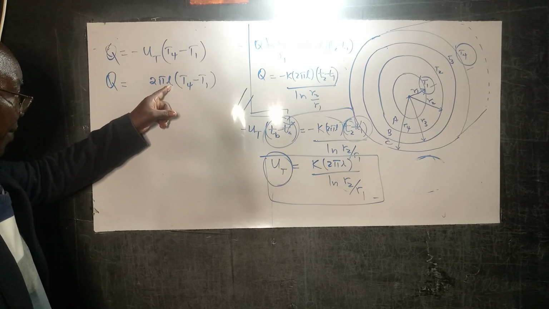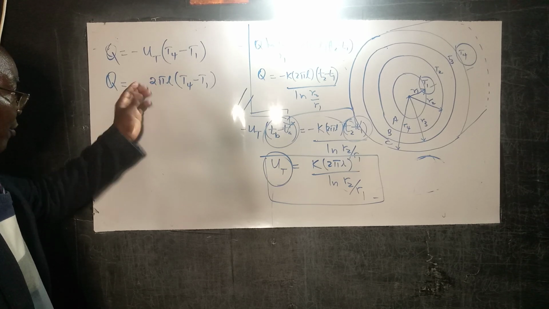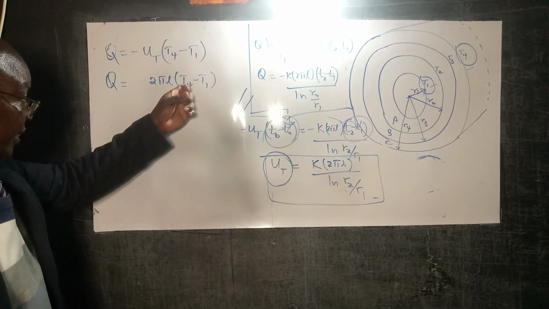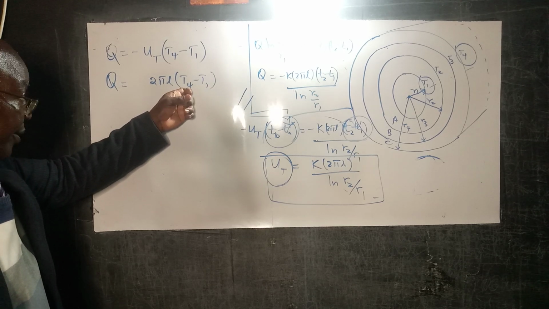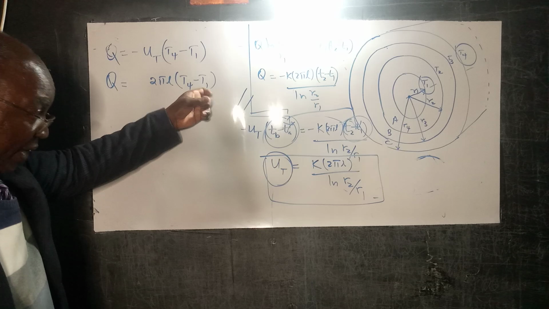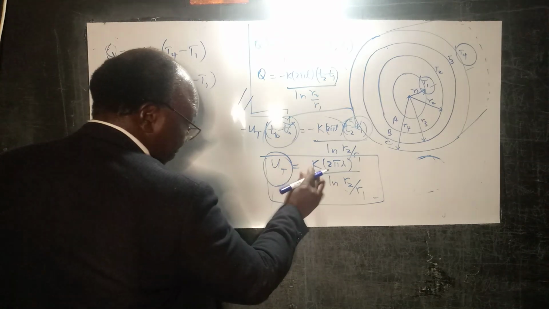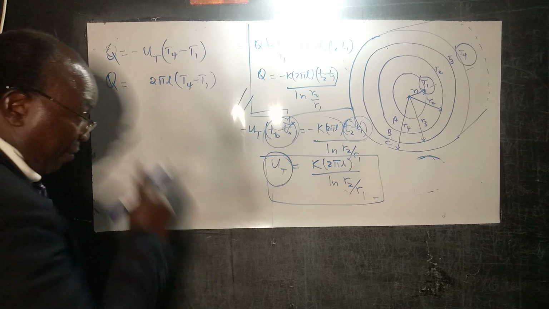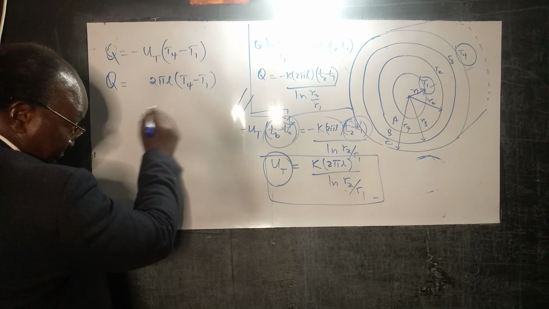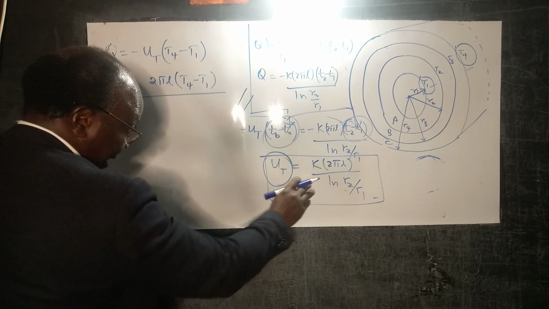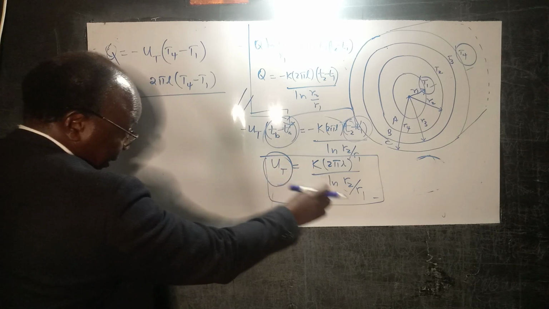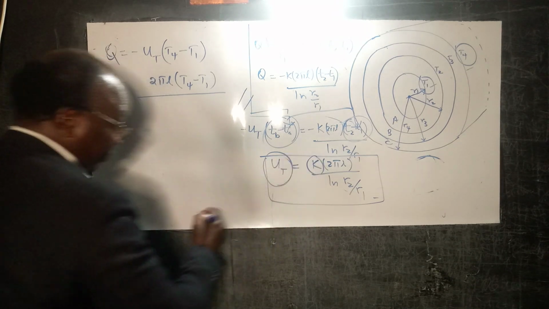Remember, 2 pi, those are just constants. This is the outermost temperature. This is the outermost cylindrical surface. This is the innermost cylindrical surface. And of course, that thermal conductivity will be relative to the surface. So we will have it divided by, remember, that is UT. So we can take that down, so you don't have that coefficient up there.